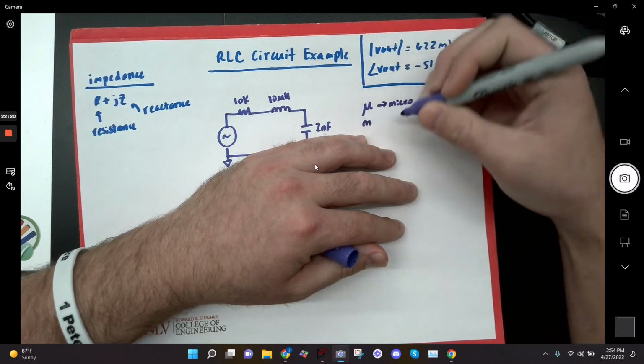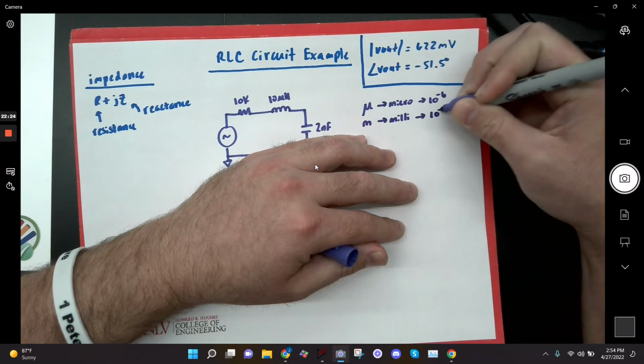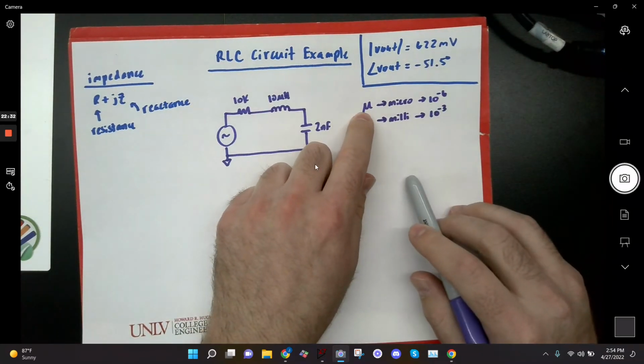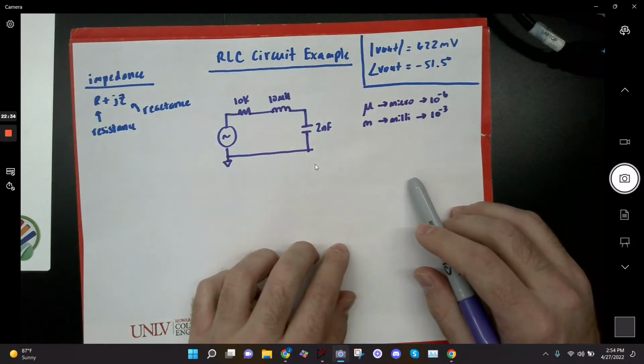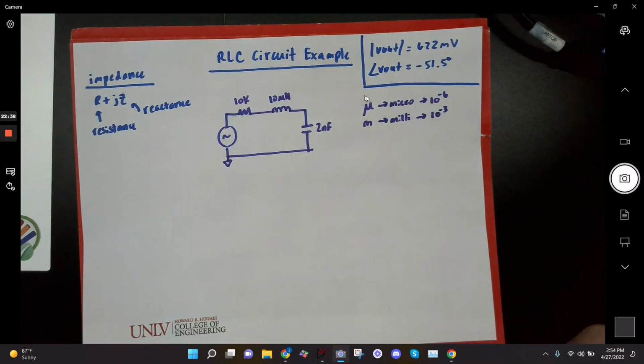Milli is an M. Those are two very different symbols. I just make mine look like a weird U/P. It should be distinguishable. If you saw this, you'd be like, that doesn't look like an M. That looks weird. That's an M. But some people just draw them like this all the time in any circumstance, and I've got to give them the benefit of the doubt, but I don't want to.